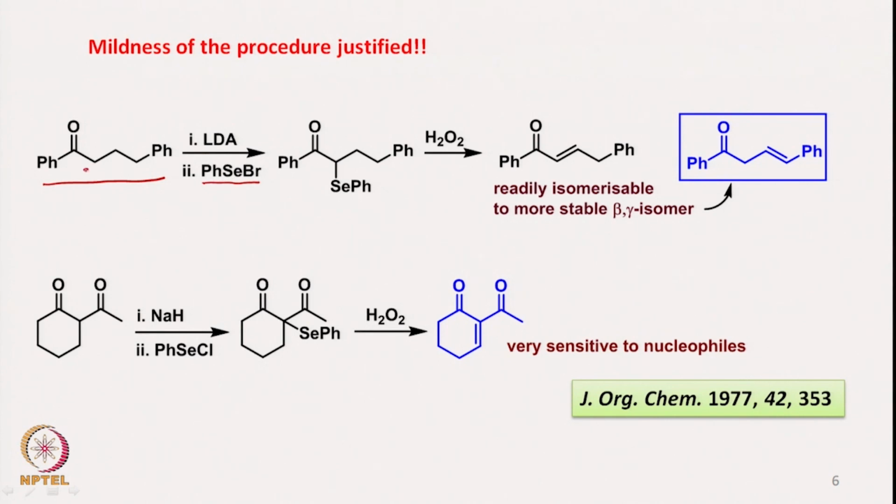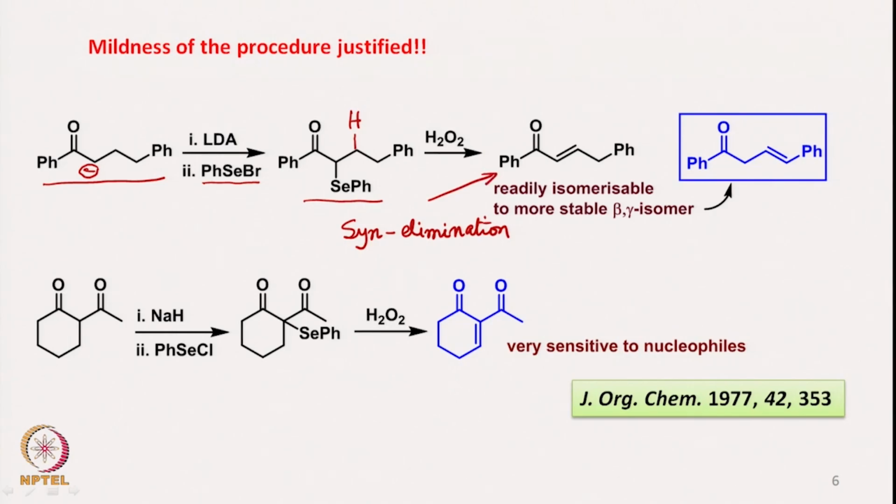So, obviously you will first generate an anion here with the LDA, which is lithium diisopropyl amide, and react with the phenyl SeBr to introduce the Se-phenyl group here, which upon oxidation with hydrogen peroxide will allow the elimination, of course in a syn fashion. The syn elimination will occur to form this particular compound.